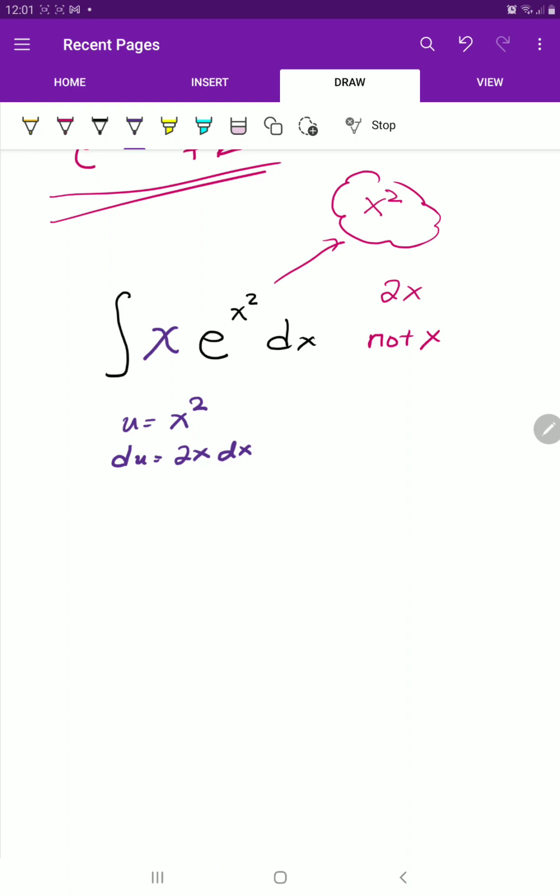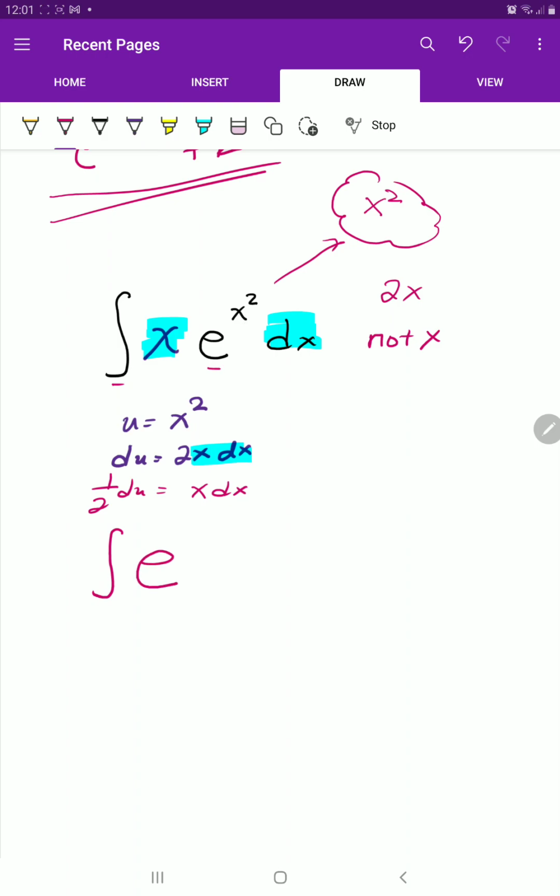And now, look at the magic. The x dx is here. Can you see? The x dx is there. So we want that expression for x dx, and that x dx is actually 1/2 of your du. Now let's do the substitution. You copy that integral symbol, you copy the e to the x squared.